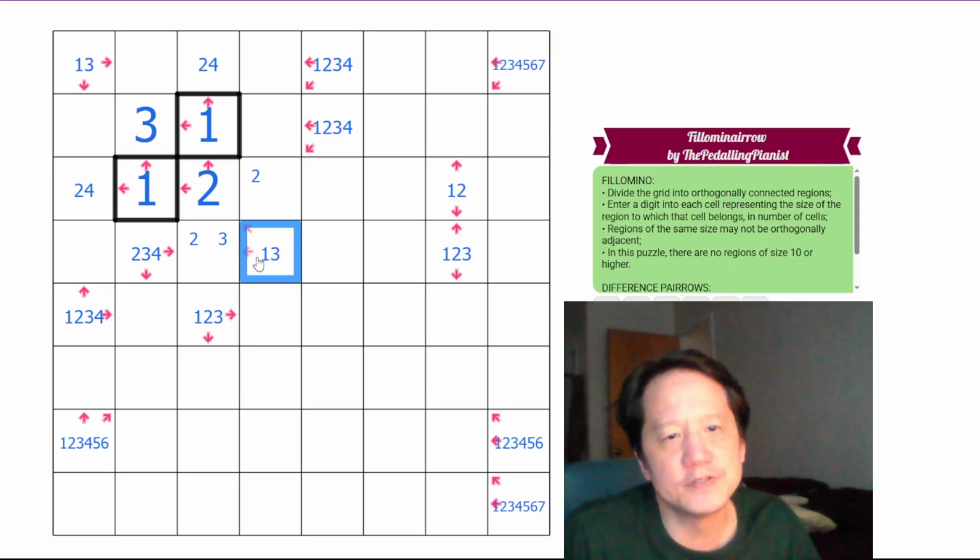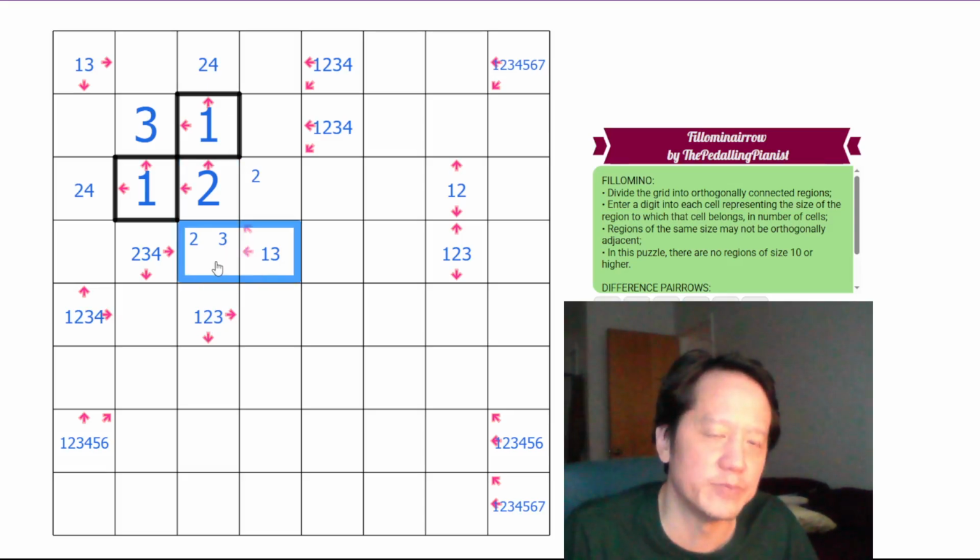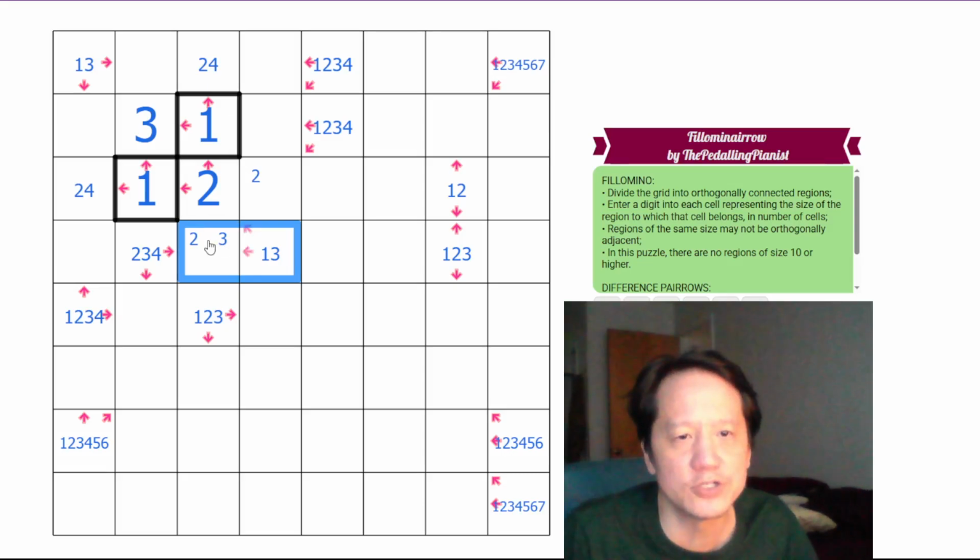So if this is 1, this has to be 2 and 3, because it must have a difference of 1. And it can't be 1 and 1 here, because they would be the same region sharing an edge. If it's 3, well, the problem with that is, if that's 3, 3 away from 3 would only be 6.